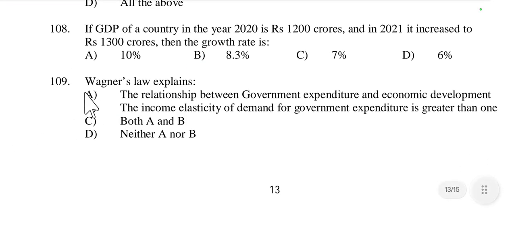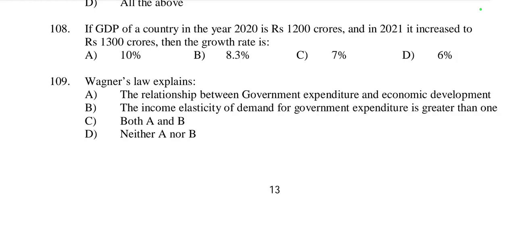Then question number 109: Wagner's law explains. Wagner's law of increasing state activity. Wagner's law explains the relationship between government expenditure and economic development. The income elasticity of demand for government expenditure is greater than 1, both or neither. So we have to know what Wagner's law is.